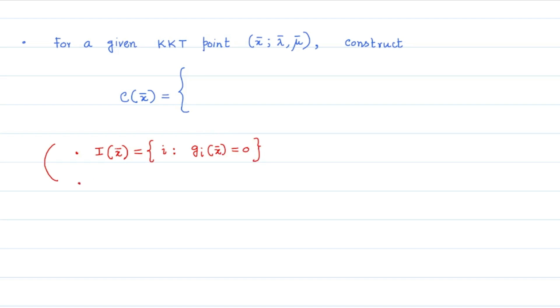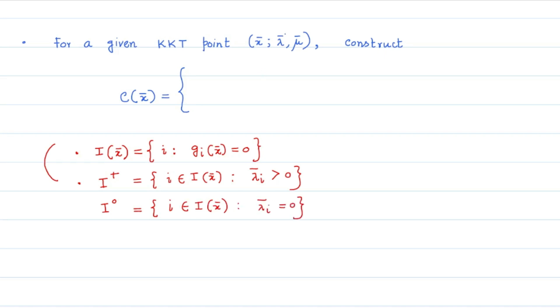Now we break this I(x bar) active set of indices into two sets. Those are I plus and I naught, where I plus is the set of all those indices that are active at the point x bar and have corresponding Lagrange multipliers greater than 0, and I naught is the set of all those active indices for which lambda_i bar is equal to 0.